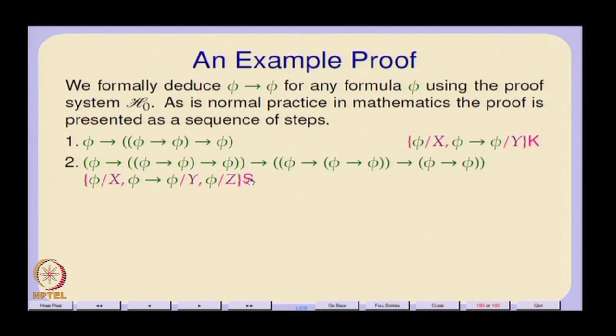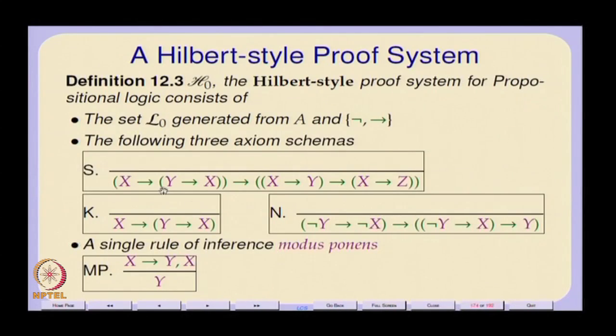The next step is this horribly complicated step which is actually justified by the axiom schema S. If you look at the axiom schema S, besides its normal connection with the S combinator in lambda calculus and combinatory logic, it also expresses basically the fact that the conditional distributes over other conditionals.